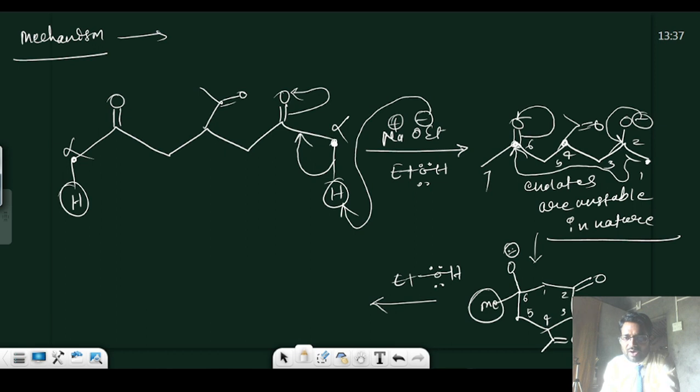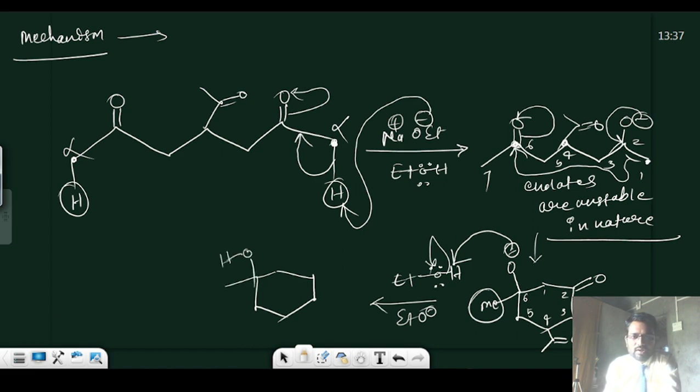So this anion is not at all stable in nature. You know it very well, charged structures are always unstable. So it will take a proton from this particular ethanol molecule. So after abstracting the proton, there is a generation of EtO minus again, like this.